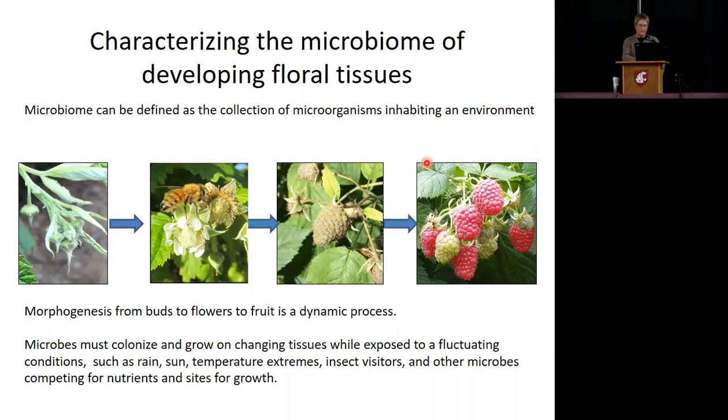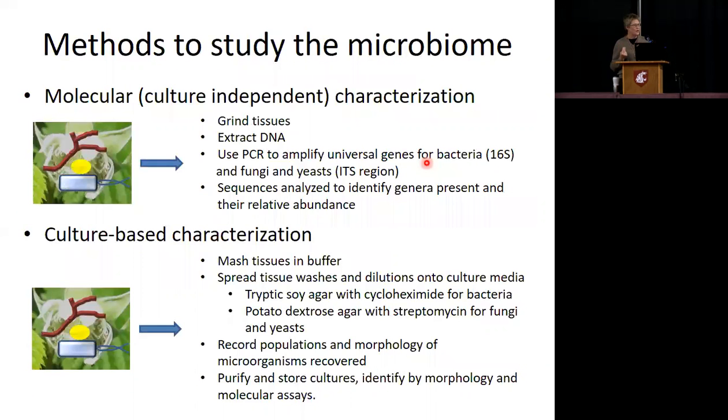To study the microbiome, we use a two-pronged approach. The first is a molecular, culture-independent characterization of the microbiome. Essentially, we freeze-dry tissues, we grind the freeze-dried tissue, and we extract the DNA.